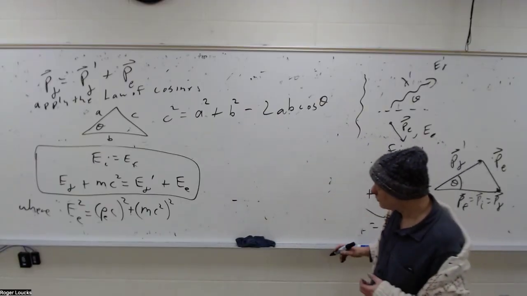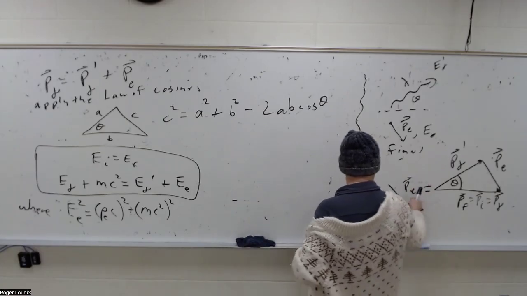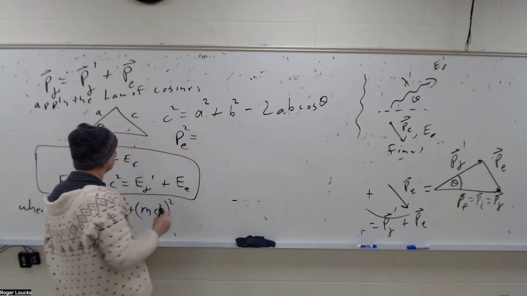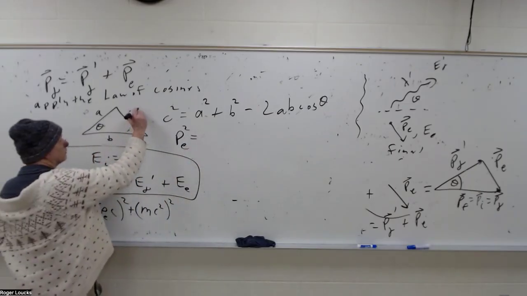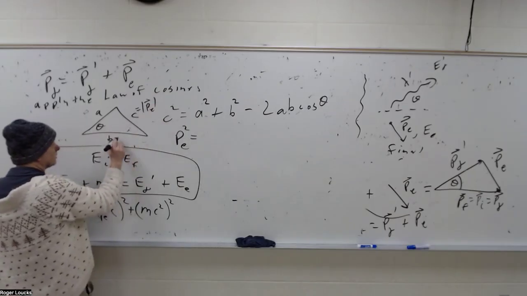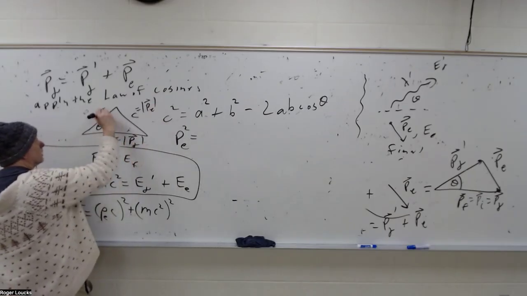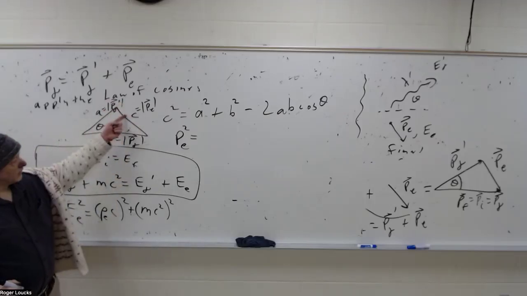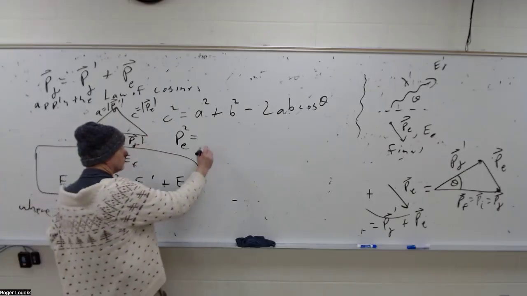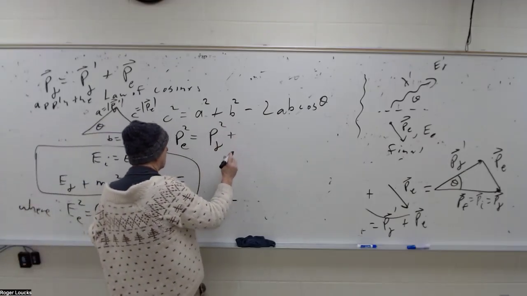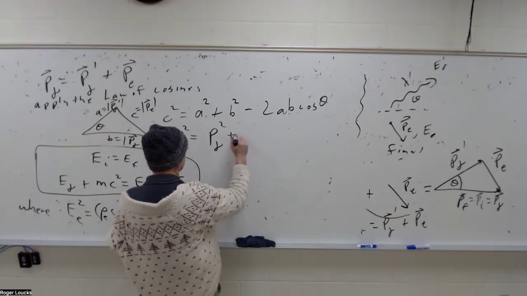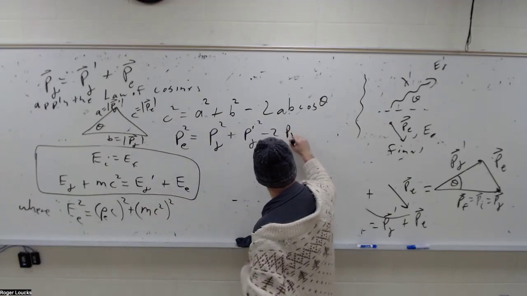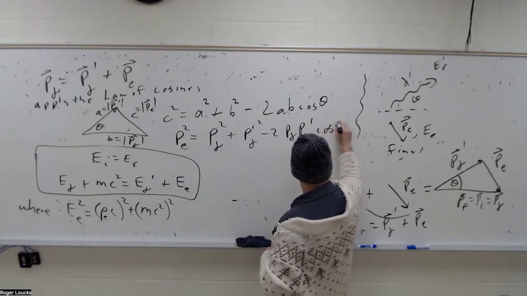So let's do this. If I take this value here squared, I get PE squared equals, and this C is really the magnitude of PE. This is the magnitude of P gamma, and this is the magnitude of P gamma prime. So this side squared equals P gamma squared plus P gamma prime squared minus 2 P gamma P gamma prime cosine theta.